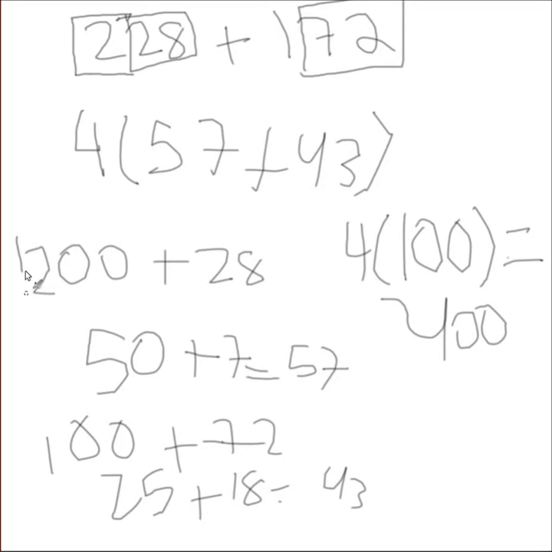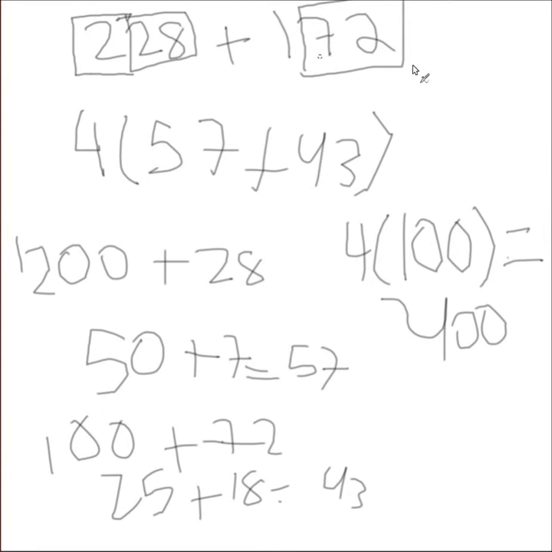So we made that 200, and then we added this 28, and we divided everything by 4, and we got 50 plus 7. Numbers that end in 100 are easy to divide by 4 or 2. So you should always try to get that.